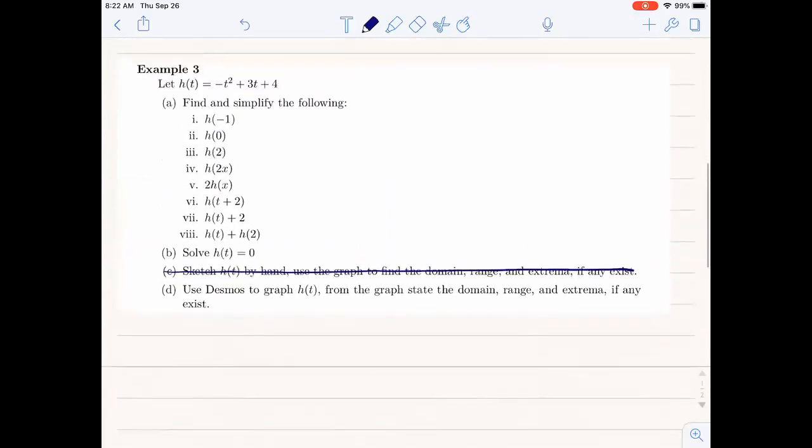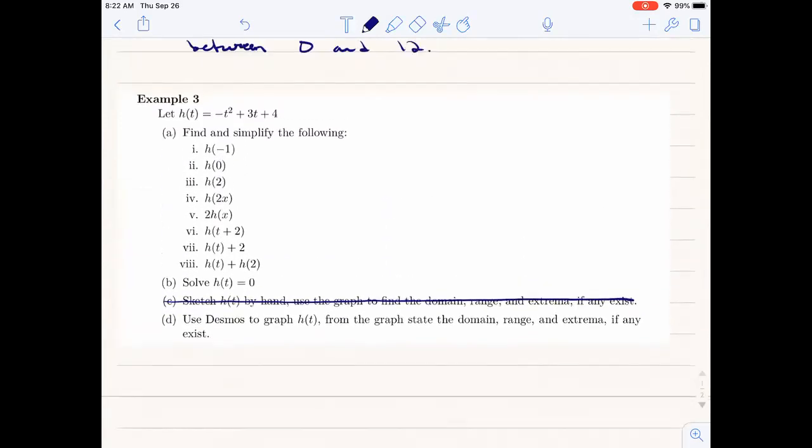All right, and so here I've given you a function. So let h of t, that's fine. So h is the name of our function. T is the variable, the independent variable. And basically whatever variable you have in here, that's what your function is a function of. And so h of t you can replace with y if you want, and t you can replace with x if you want.